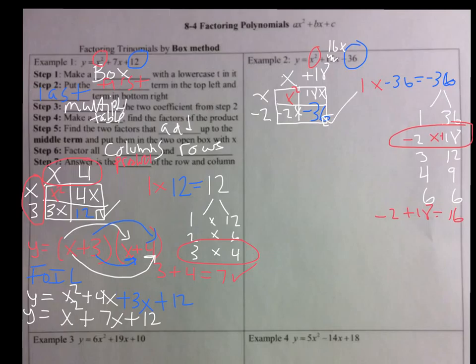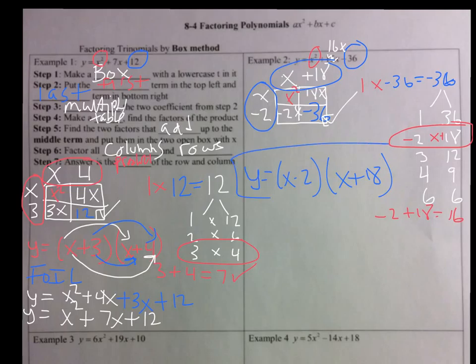Alright, so the last step, our answer is going to be the product of the columns and the rows. So when we write our product, I'm going to write our factor. We're going to say y is equal to x minus 2 times x plus 18.